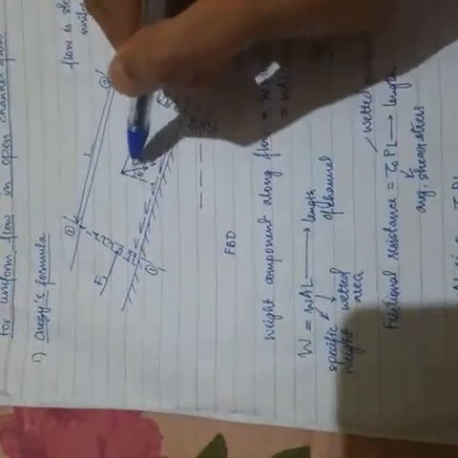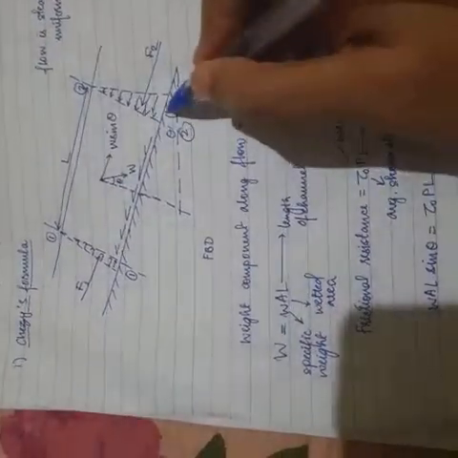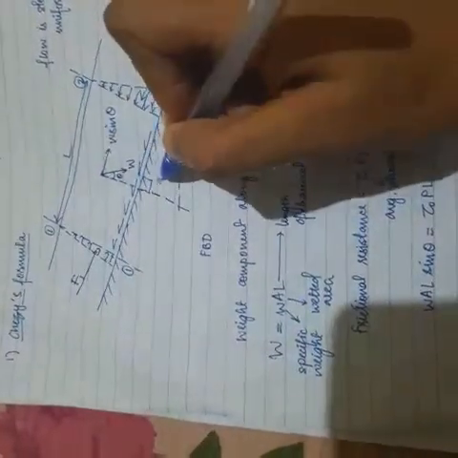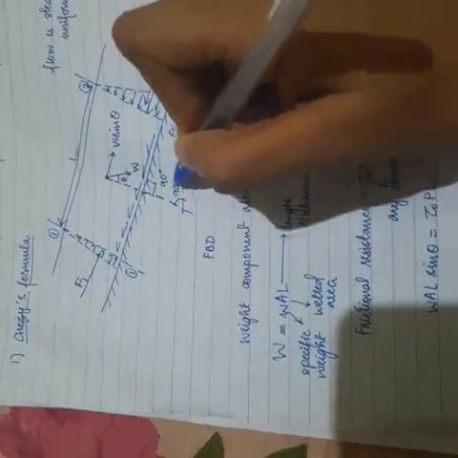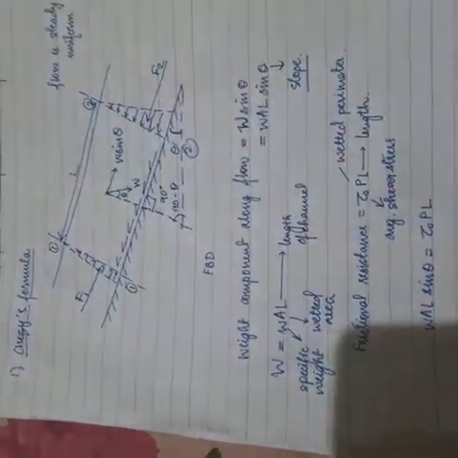Why is this theta? This is normal, and weight is acting at this theta because of simple geometry here. If you extend this line, then this angle is theta. This is 90 degrees and this is 90 minus theta.